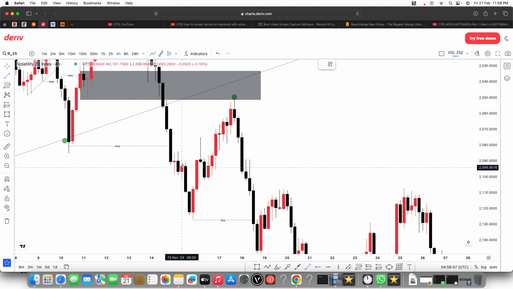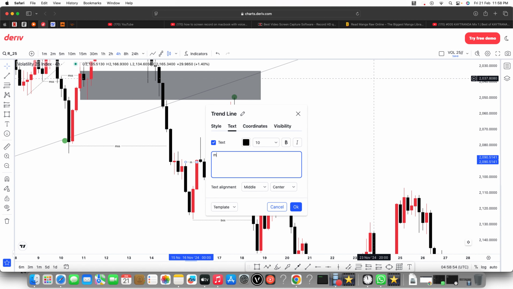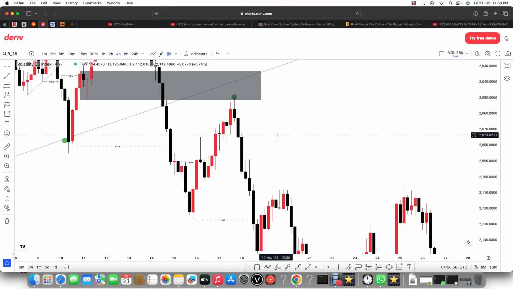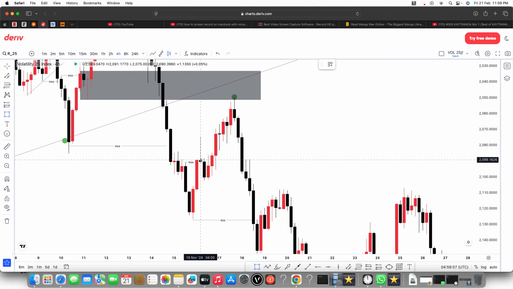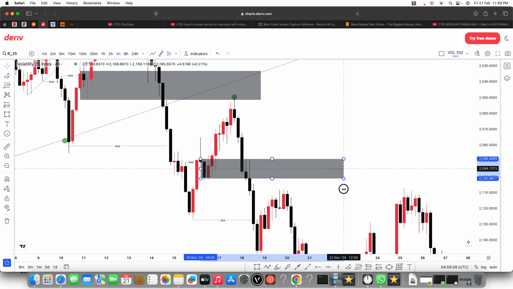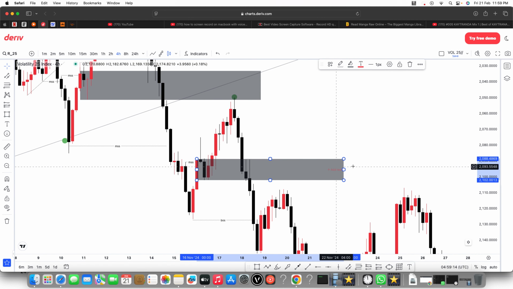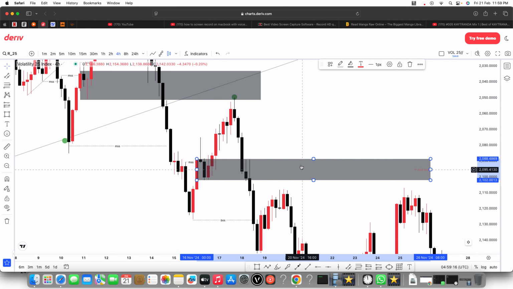What that meant is that this is where the market had an internal break, shifting back bullish with this upward trend, and that would have made this an area of demand that was also broken through, not respected.